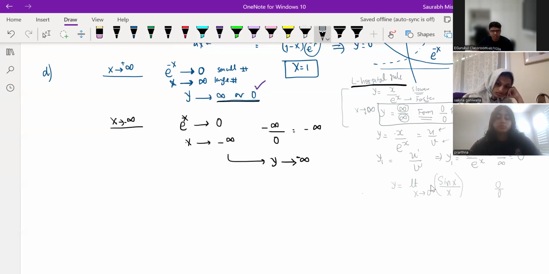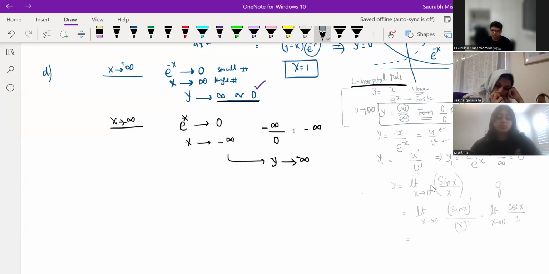So I will say that this is same as saying limit x tending to 0, differentiating sine x and x separately. What will be that limit? Sine x derivative is cos x and x derivative is 1, right?